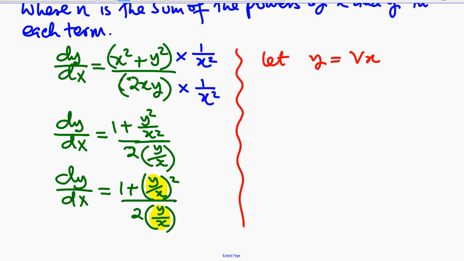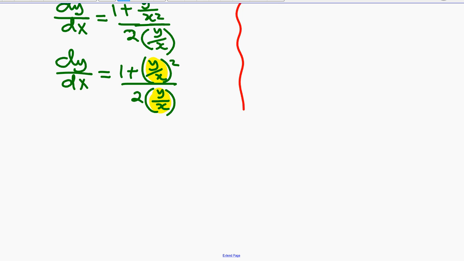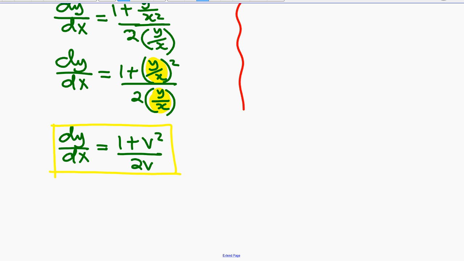You can say V is equal to y over x. It's the same thing. So my equation here can be rewritten as dy over dx equal to 1 plus v squared over 2v. I'm just going to put that in a box. We'll come back to that in a minute.